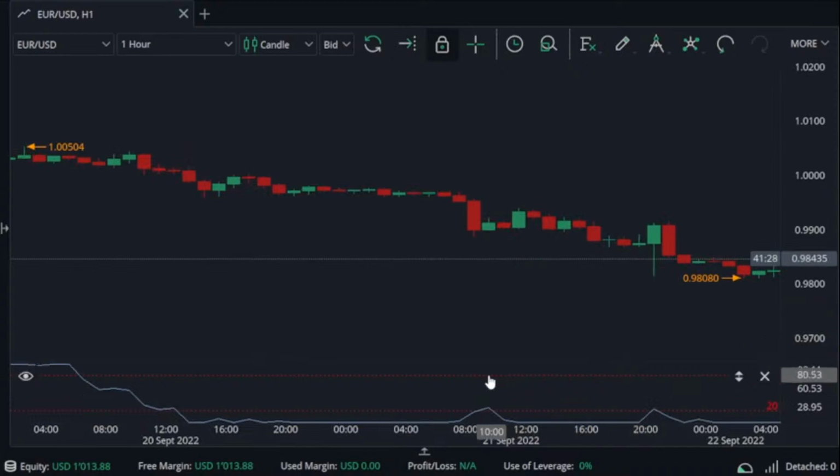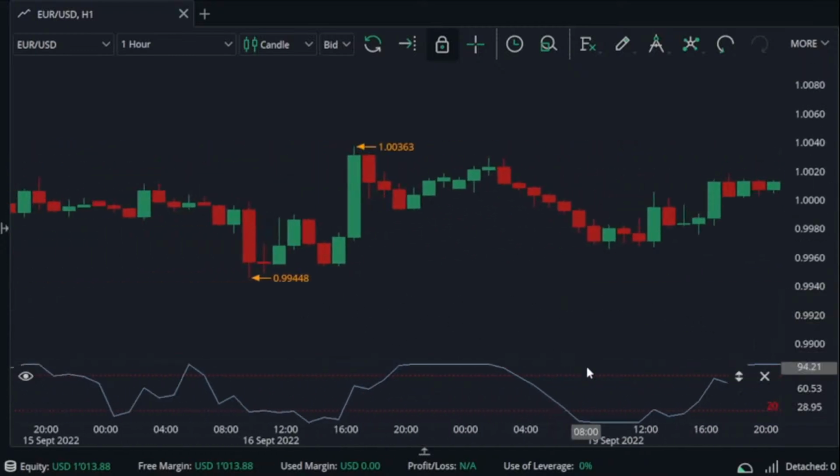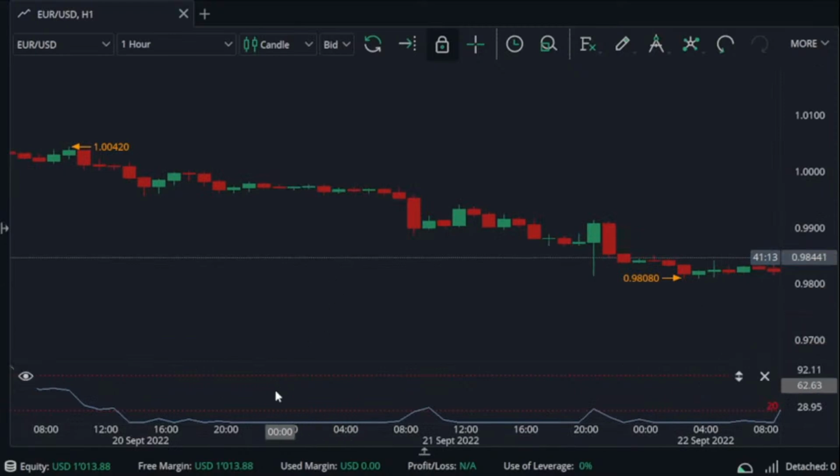And as you can notice, sometimes it will generate false signals, and that happens with almost all indicators. But if the momentum continues to remain against us in the same direction and there is no change, then for an extended period of time we are likely to see these values prevail.